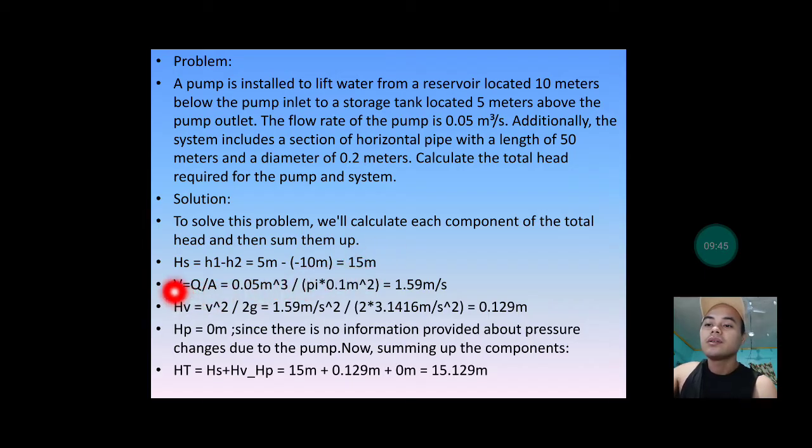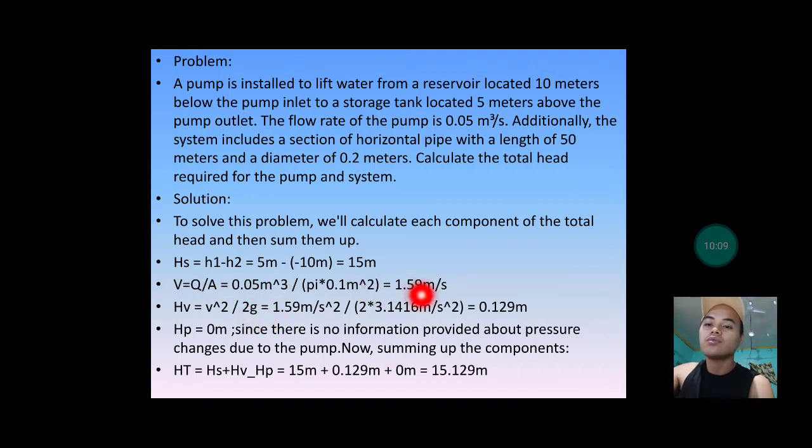To solve for the velocity, V is equal to Q over A, which is equal to 0.05 cubic meter per second over the area, pi times 0.1 meter to the power of 2, which is equal to 1.59 meter per second. So that is V. HV is equal to V to the power of 2 over 2 times gravity.